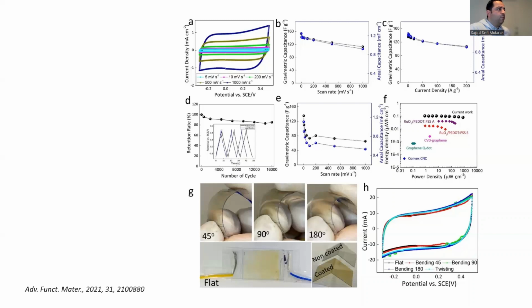For all 45, 90, and 180 degrees, we didn't see any difference in the peak area, and that means that capacitance is stable while bending the electrochemical device to 45, 90, and 180 degrees.